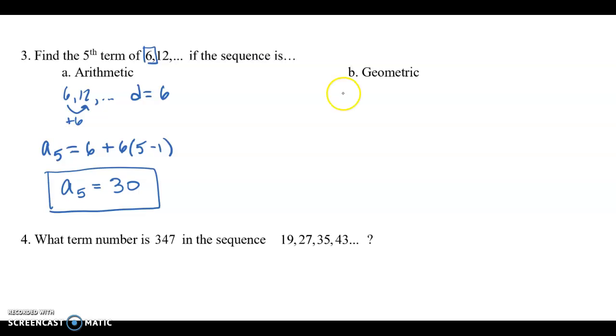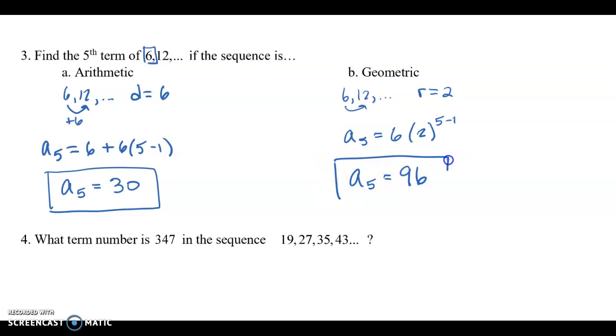However, if it was geometric, well then 6, 12, a very common pattern, is times 2, right? So r would equal 2. And so now our fifth term instead is the first term 6 times the r value of 2 to the 5 minus 1 power. And again, in our calculator or in your head, you might be able to do that. And we should get 96.